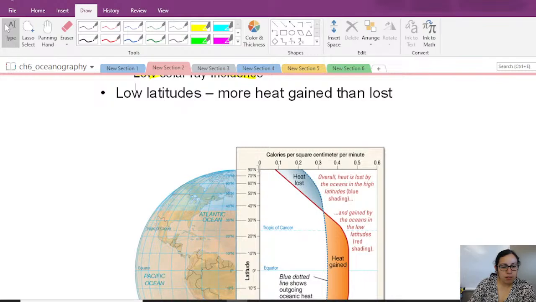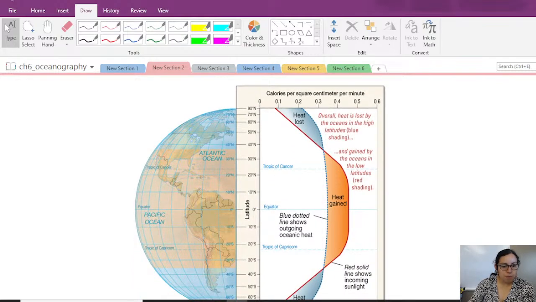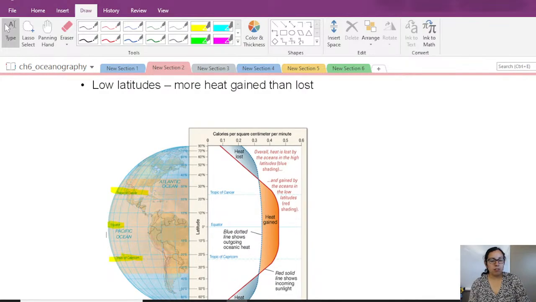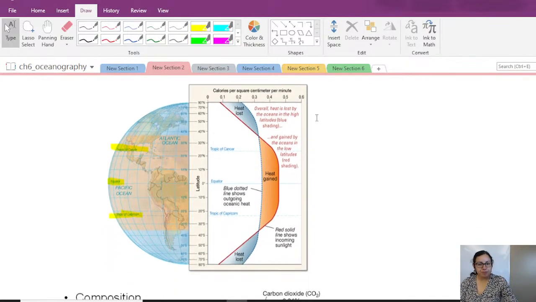Versus our low latitudes, looking at our tropics: here's our Tropic of Cancer, Tropic of Capricorn, and our equator. All that zone is getting direct heat. And so in our low latitudes, more heat is gained than lost.